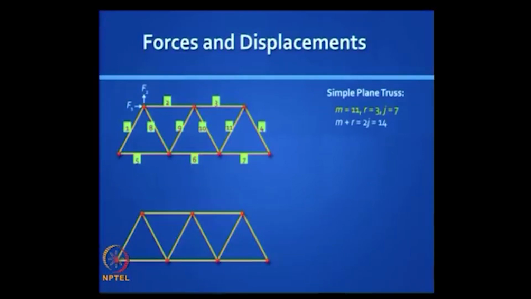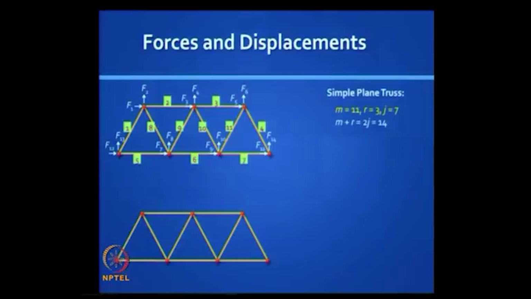Let us first see in what all ways we can apply forces. So you can apply F1 and F2 orthogonally. For convenience we choose x and y directions, and we can keep numbering them F1, F2, F3, F4, F5, F6 all the way to F14, and in this numbering you will notice that I have pushed the reactions towards the end of that numbering system.